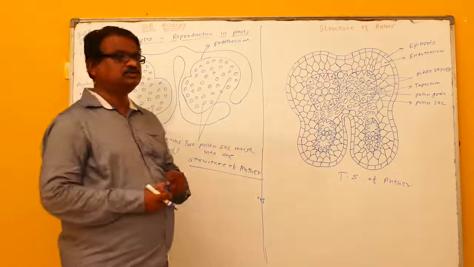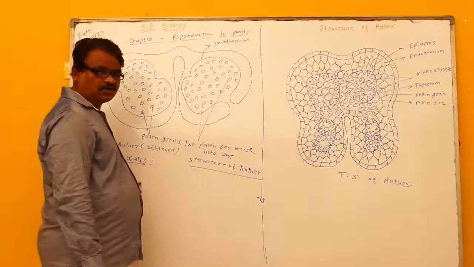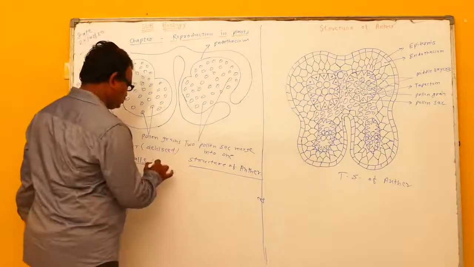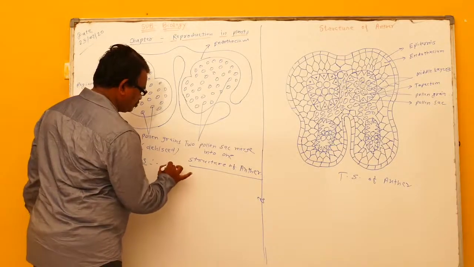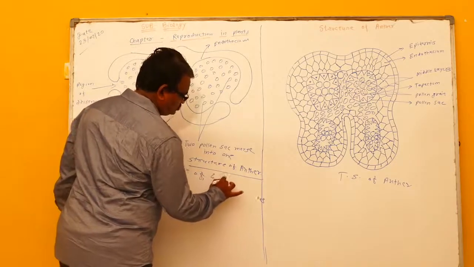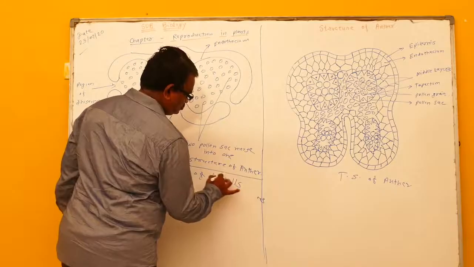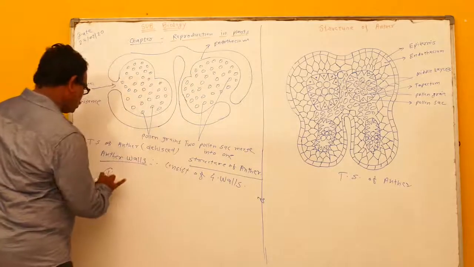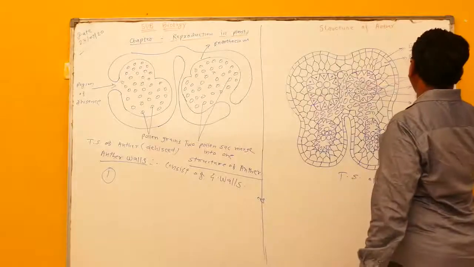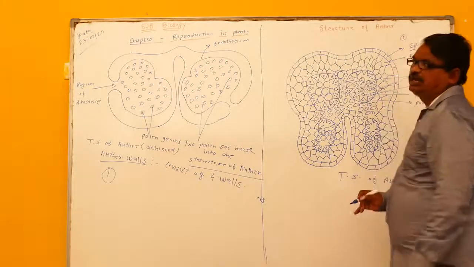The anther consists of 4 walls. First is the epidermis.